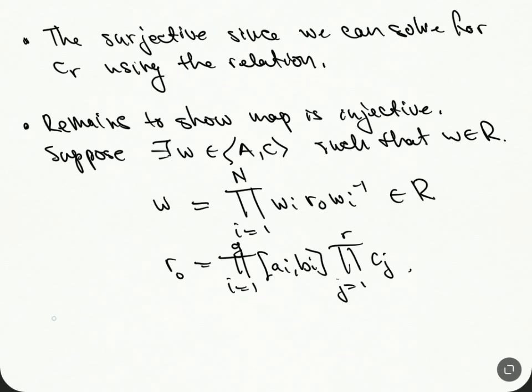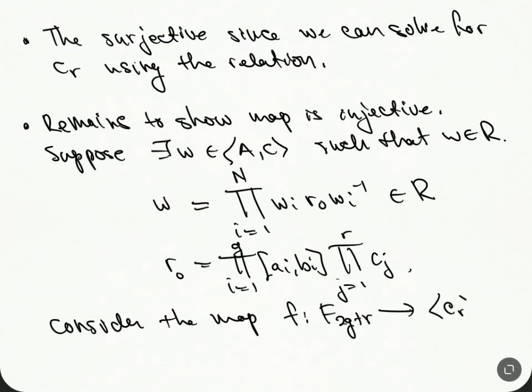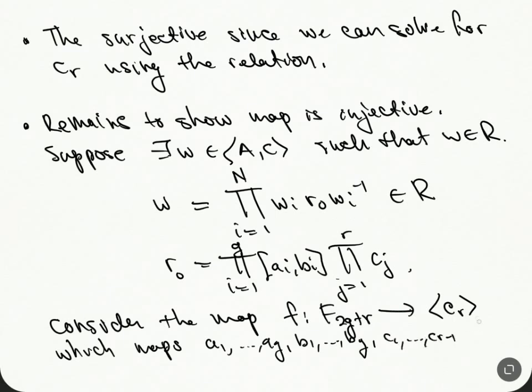Okay, so we consider the map f from the free group on 2g + r to this group, the cyclic group generated by c_r, given by sending a_1 to a_g, b_1 to b_g, and c_1 to c_{r-1} to 1.